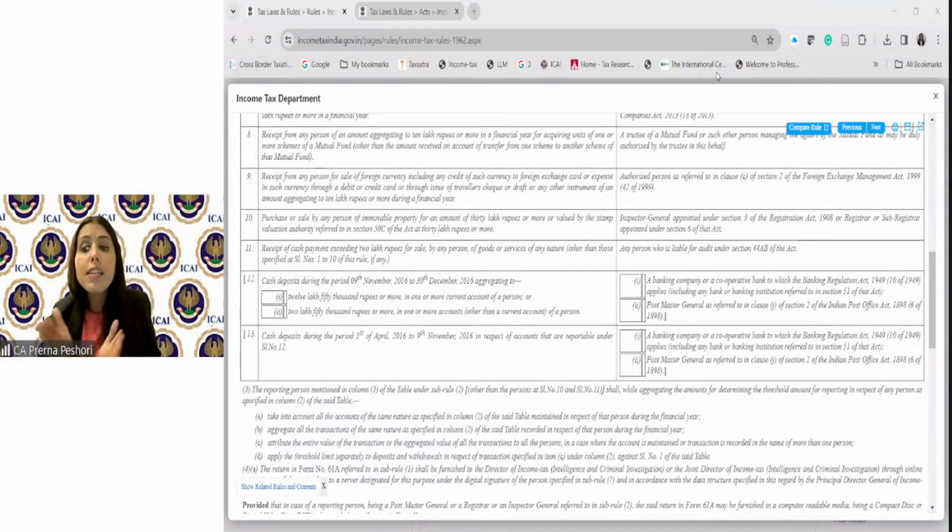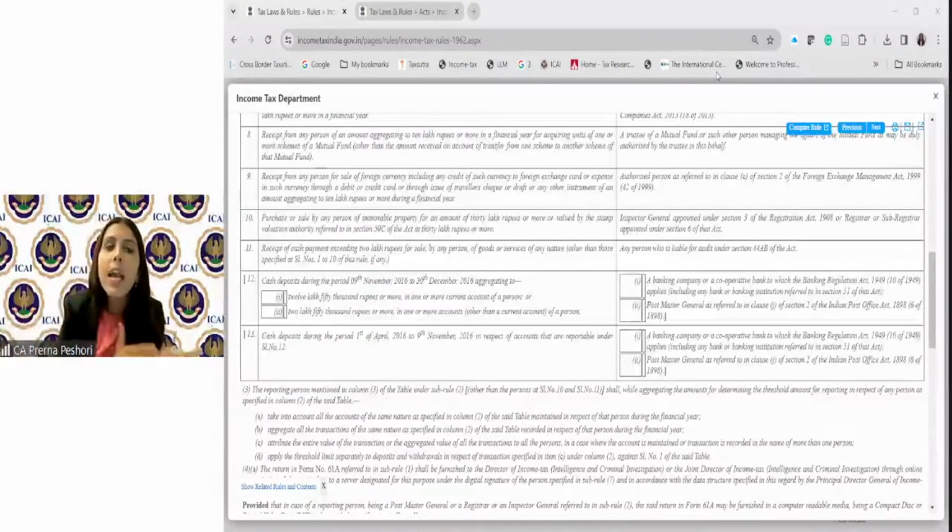All of these taxpayers had received these e-campaign notices. Are we clear? This happens because the information gets passed on through these banks and companies to the income tax department by way of the SFT. Clear?